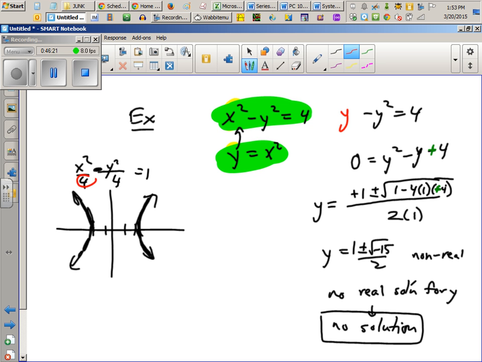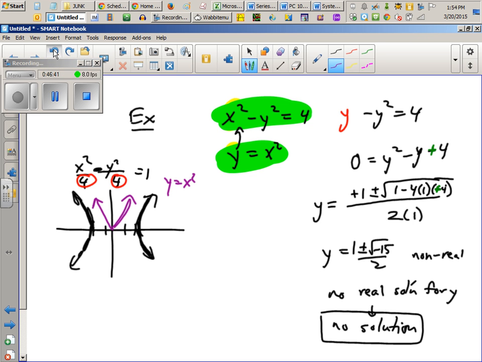A is 2, B is 2. And then y equals x squared, you've got that graph memorized all along. It's just this graph. Some of you even memorized it in Algebra 2, so it's supposed to be nice and smooth at the bottom, not have a cusp. But you can certainly see that this graph does not intersect the hyperbola.